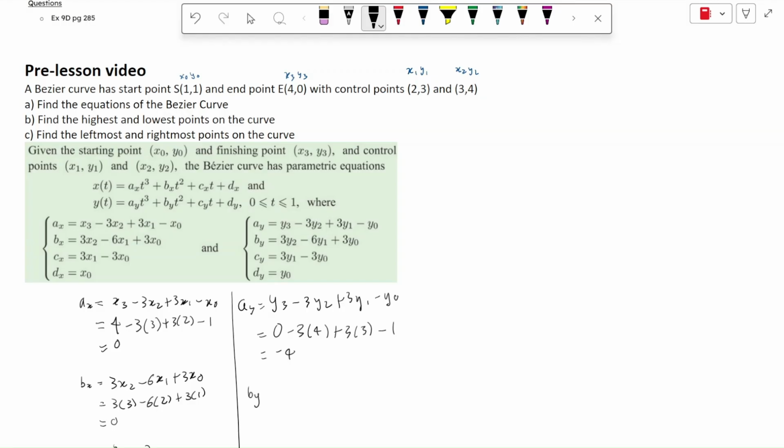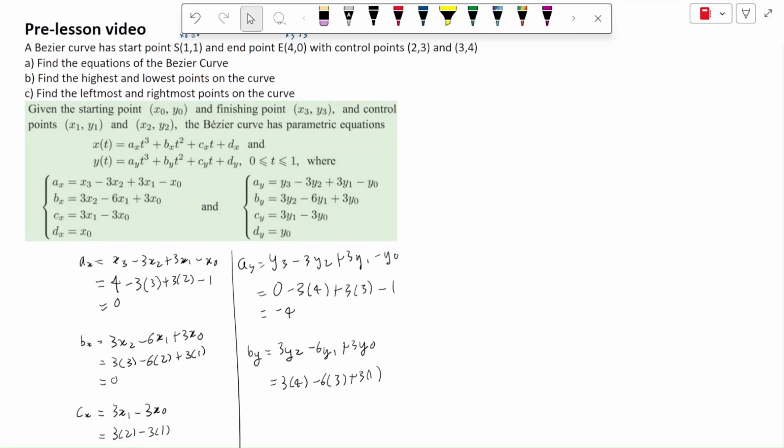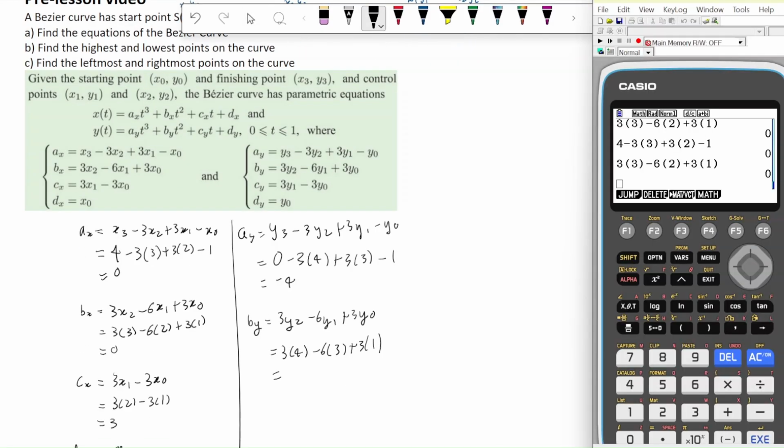Now by is going to be 3y2 take 6y1 plus 3y0. So if we work that out, that's 3 lots of 4 take 6 lots of 3 plus 3 lots of 1. Okay. Now we better make sure we don't make a mistake. You get minus 3.